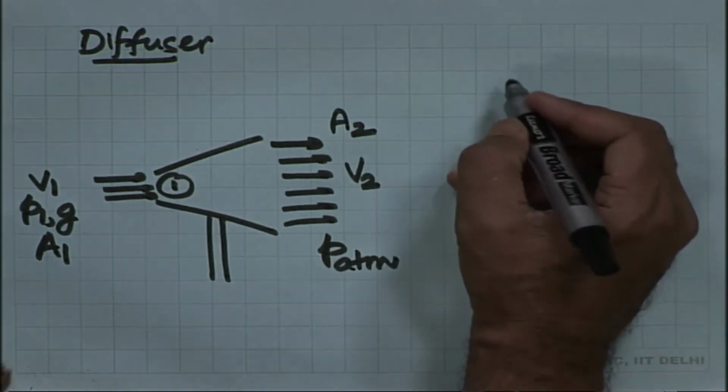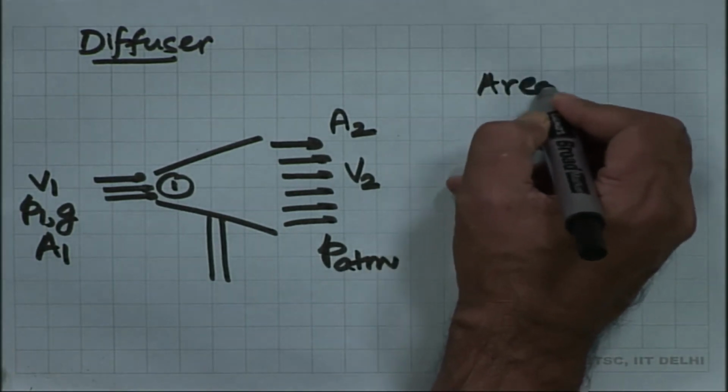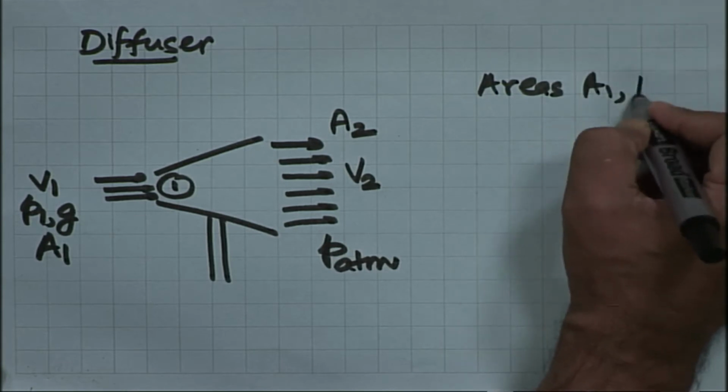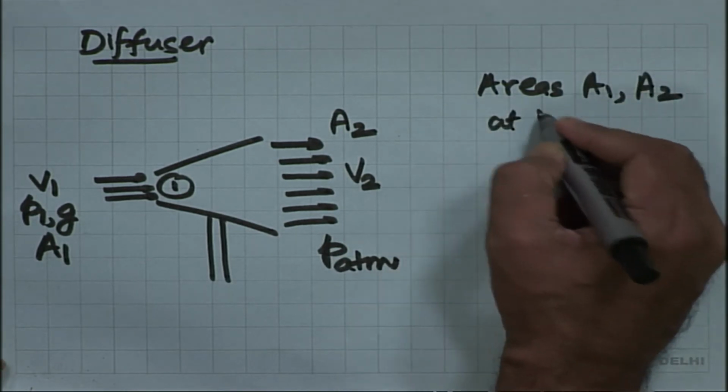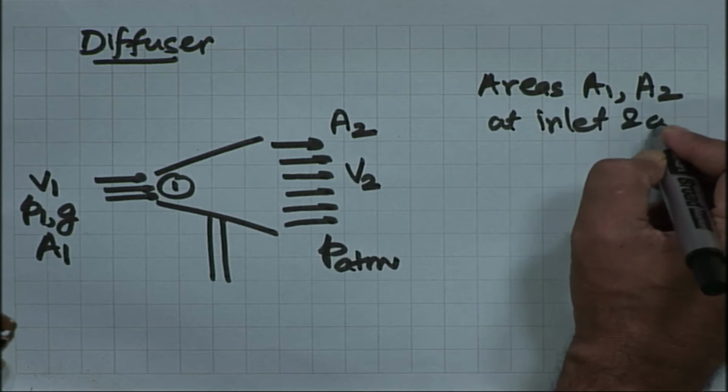Now, what we are given is areas A1, A2 at inlet and outlet.